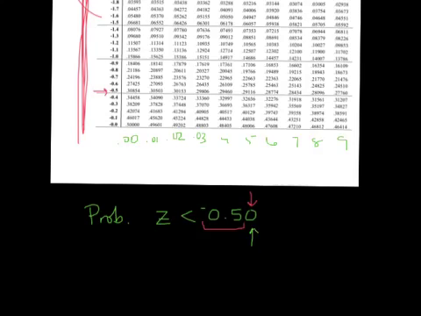So, if I want to know the probability of somebody's z-score being less than negative 0.50, again, I go to the negative 0.5 row, and I go to the 0 column. That number right there, that's my answer. The answer is 0.30854. That's the probability.